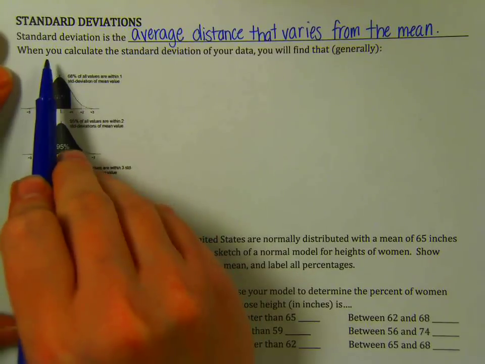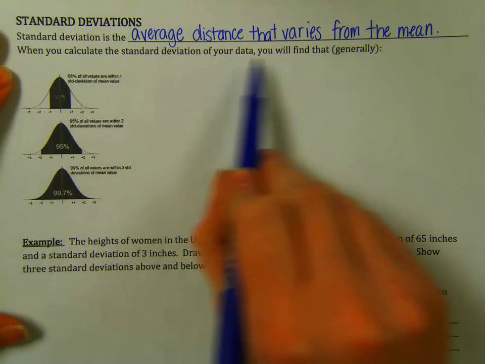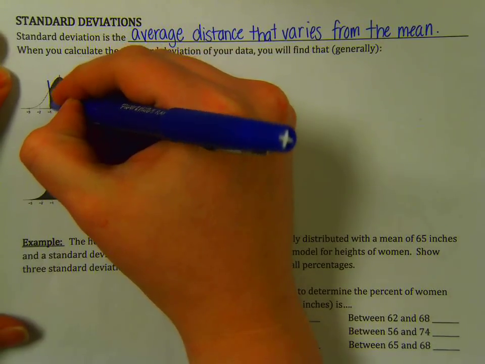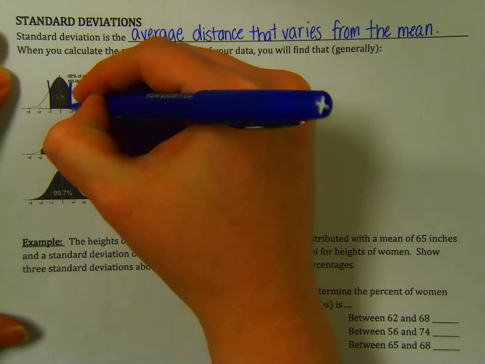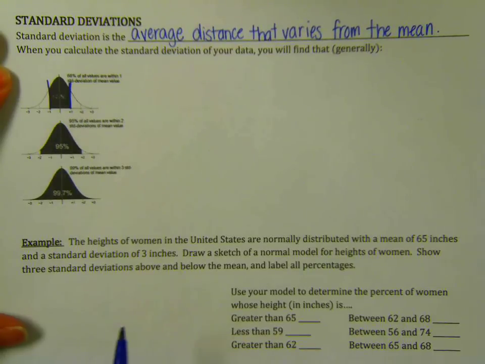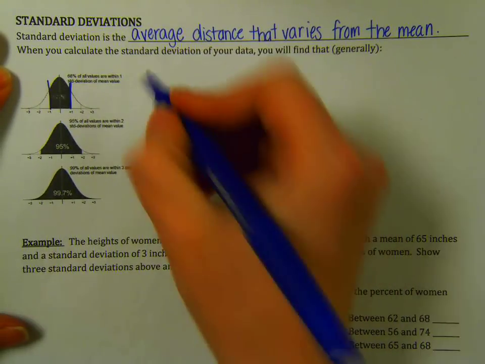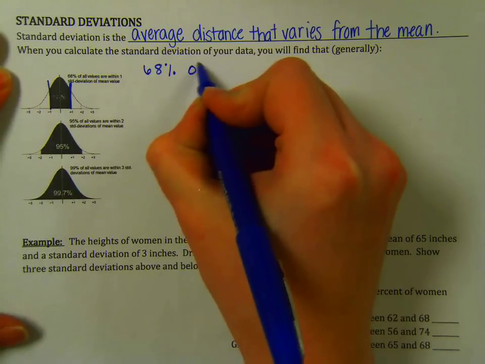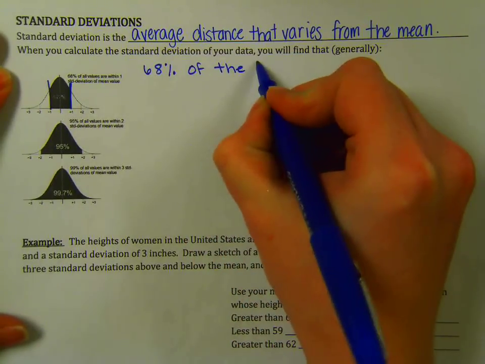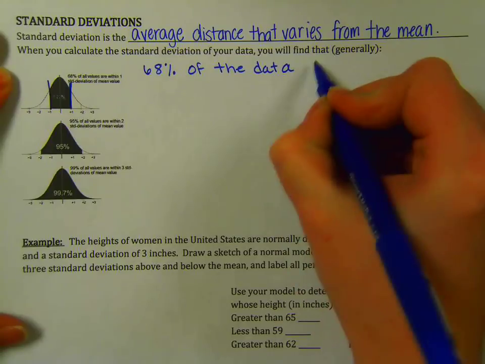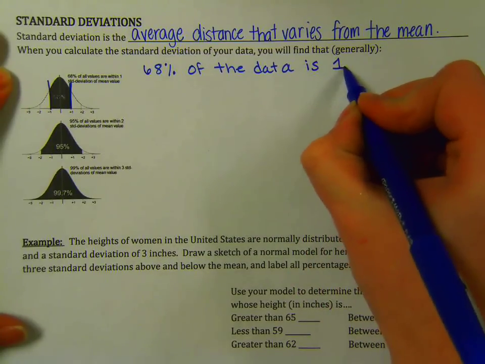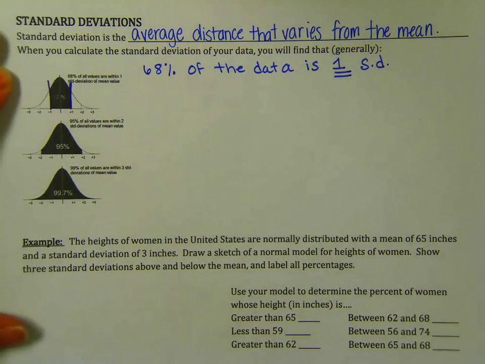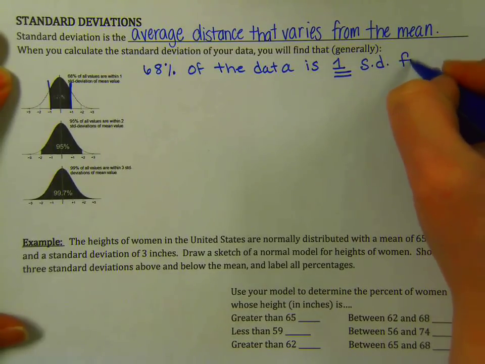So when you calculate the standard deviation of your data, you'll find that generally 68% of the data is one standard deviation, I'm going to call it SD, from the mean.